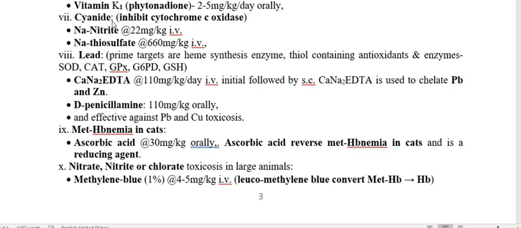So the mechanism of toxicity of cyanide is by inhibiting the enzyme cytochrome C oxidase.